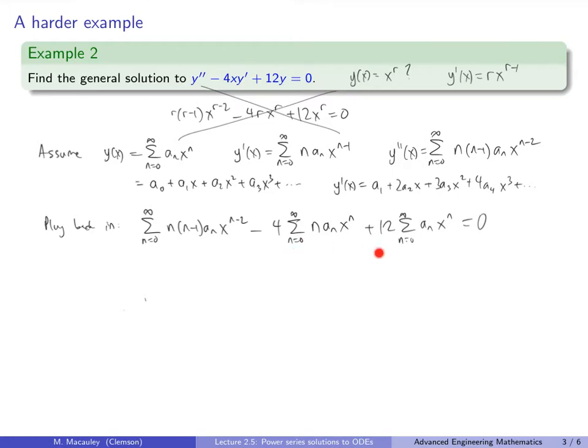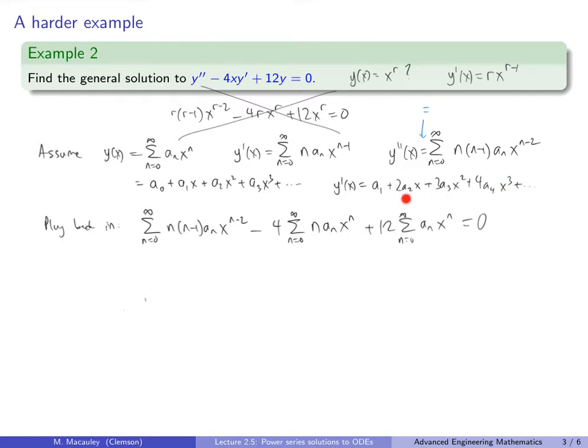We can combine these two sums into one, and we would like to be able to combine these three sums into one, but the problem is that this is x^(n-2), and we can't combine that with x^n. So what can we do about that? If you think about what this thing really is, it's the second derivative.